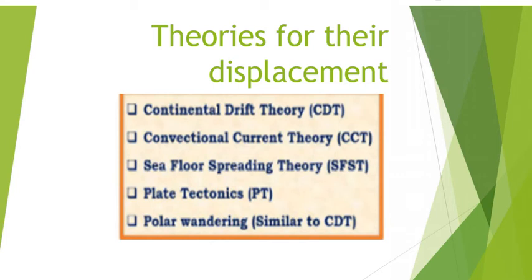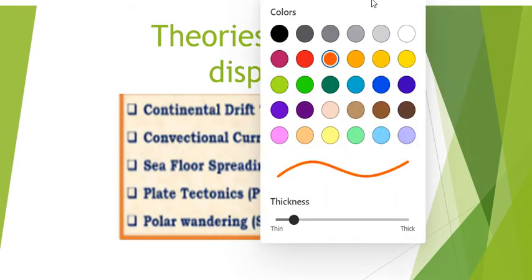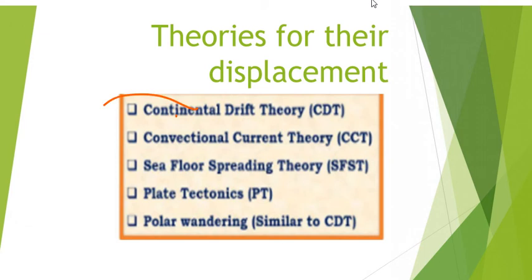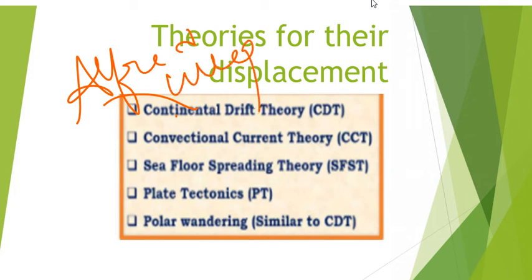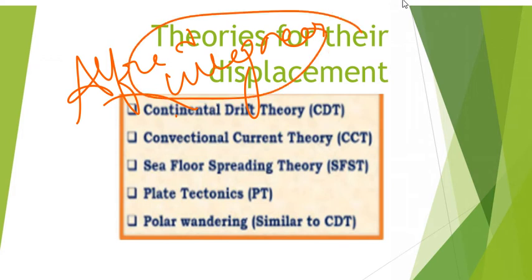First theory, oh, we all know that. That is the continental drift theory, proposed by Alfred Wegener, right? Forget about what he has told us, but we should know how these supercontinents disintegrated, I mean how the whole land pieces moved to other sides.